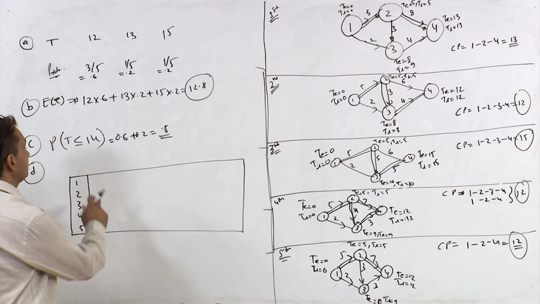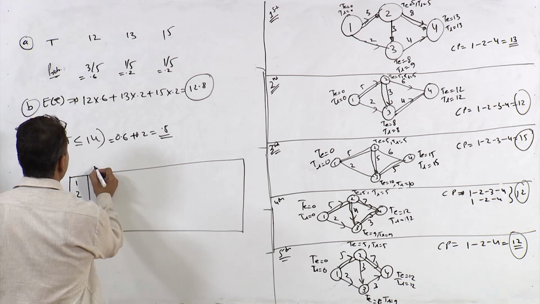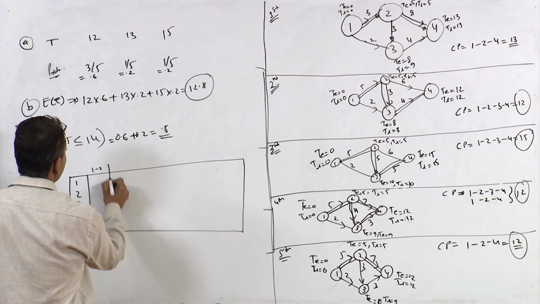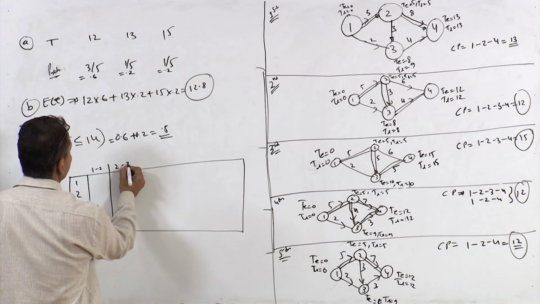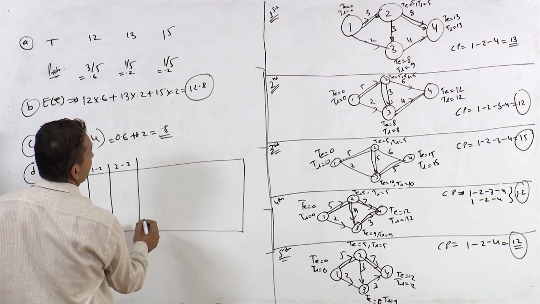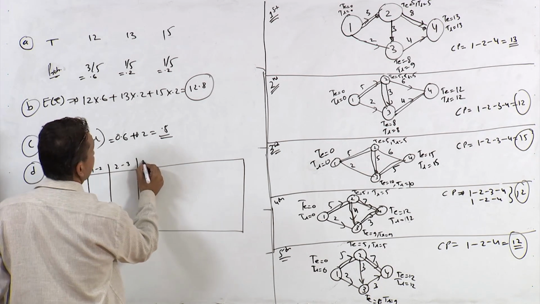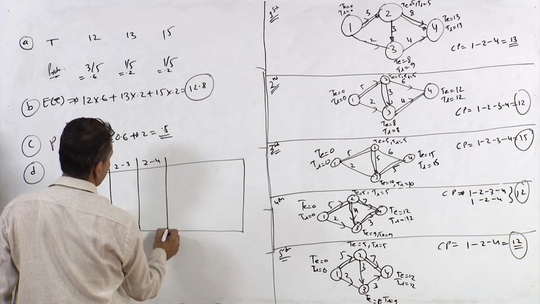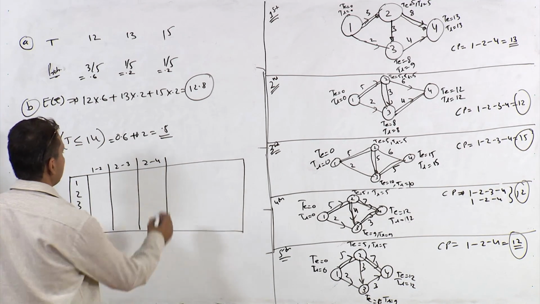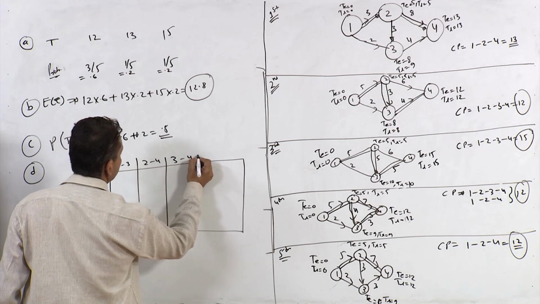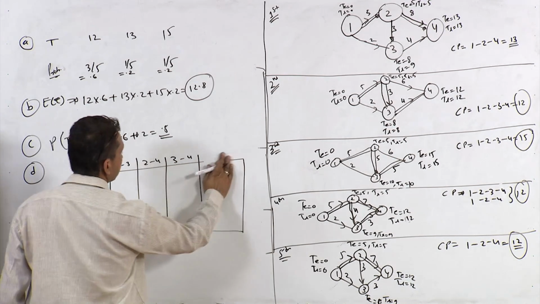Let us write here the different activities. Let us say activity 1 2, activity 2 3, activity 2 4, activity 3 4.